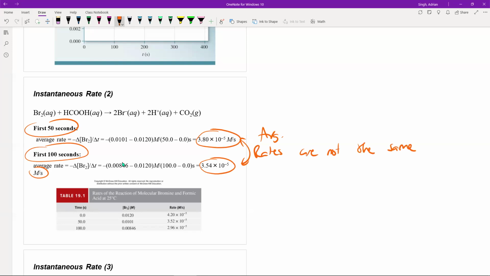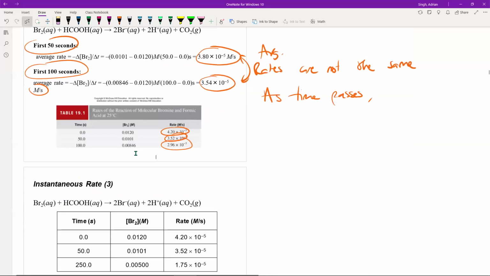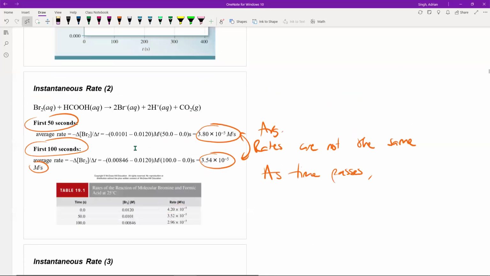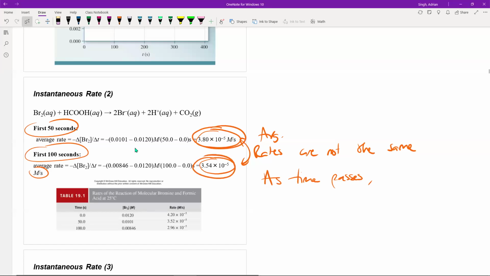Actually, what we see is that as time passes, the rate goes down. From our two examples, over the first 50 versus over the first 100 seconds, the rate actually decreases. And that's the average rate. So as time passes, the average rate of the reaction goes down.